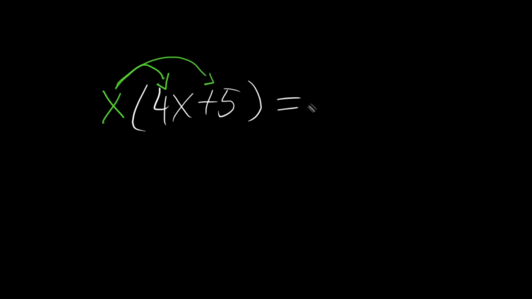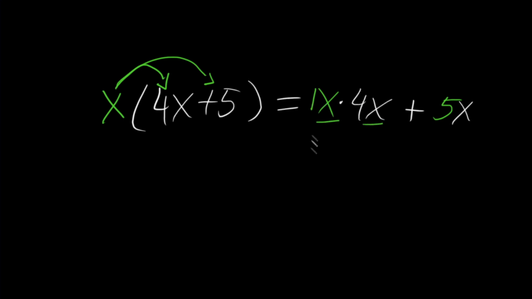This would equal x times 4x, and we'll simplify that in a second, plus we have positive x times 5, which would be 5x. In this first part, we should recognize that the x here is like a 1x, and only numbers will multiply with each other, while the same variables, both x's, will multiply with each other.